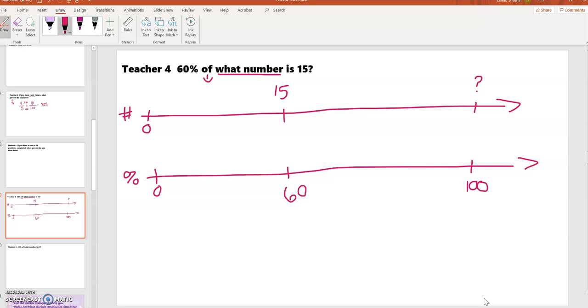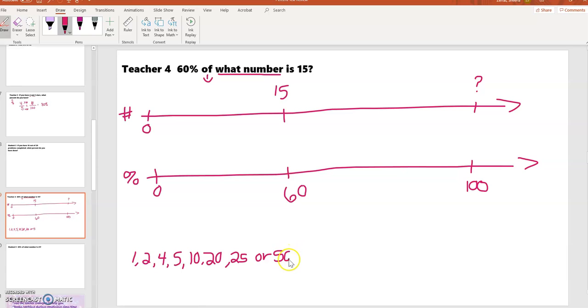In this example, when we make a double number line, remember we can either count by percentages of 1, 2, 4, 5, 10, 20, 25, or 50.